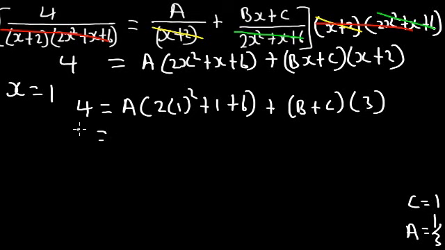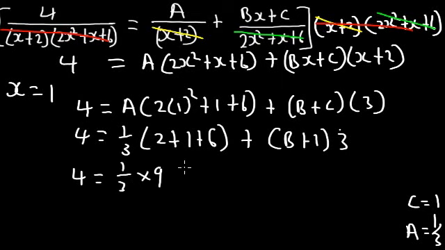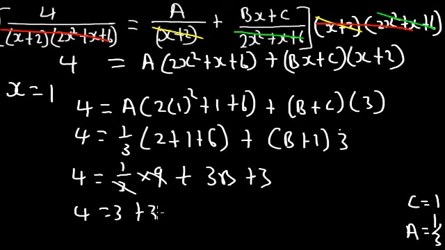So plugging in the value of a and c respectively, 1 by 3 in the bracket of 2 plus 1 plus 6 plus the value of b which we are looking for plus 1, then multiplied by 3. Simplifying this forward, we have 1 by 3 times 9 plus 3 times b is 3b, 3 times 1 is 3. So 3 plus 3b plus 3.